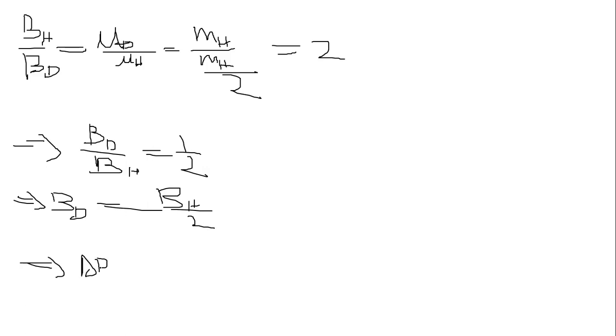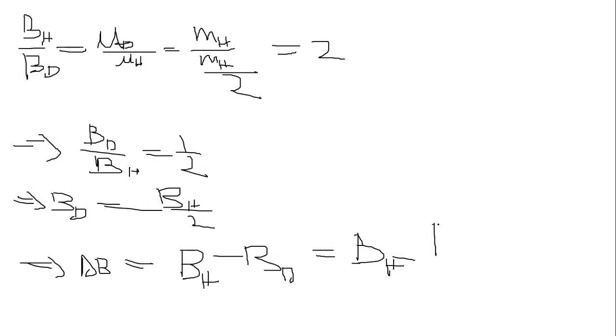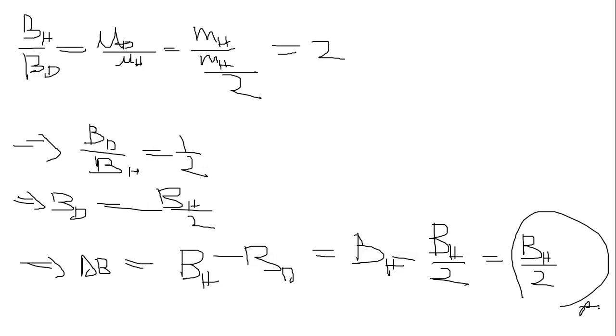So the change in B will be BH minus BD, which is equal to BH minus BH by 2, which is equal to BH by 2. So this is the answer. I think it is clear to you. But do you have any doubt regarding this?